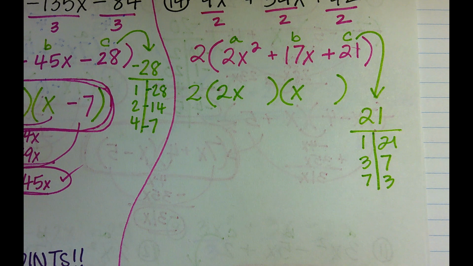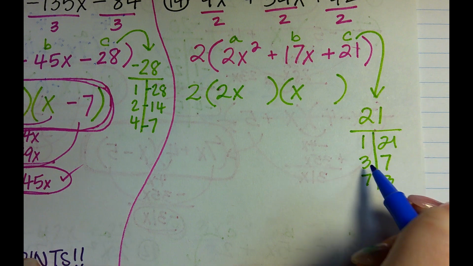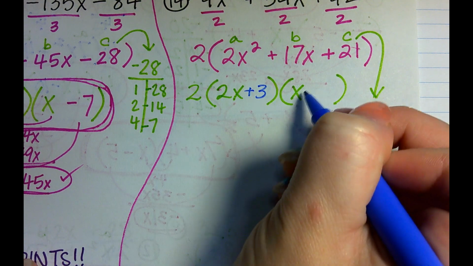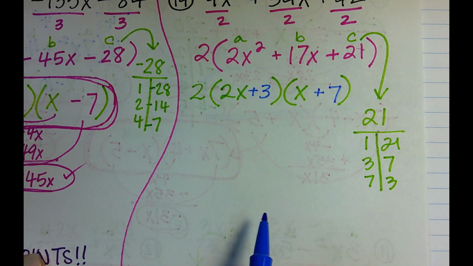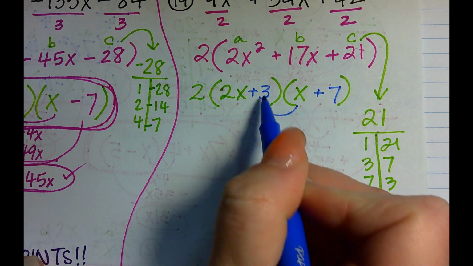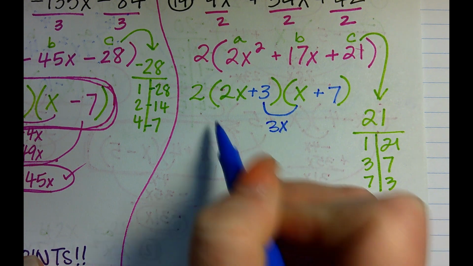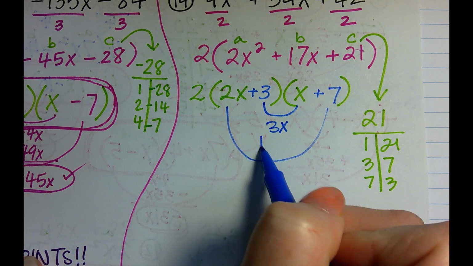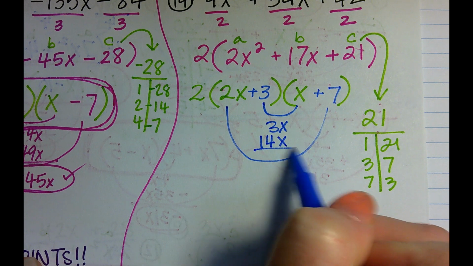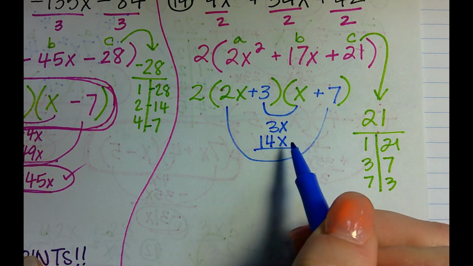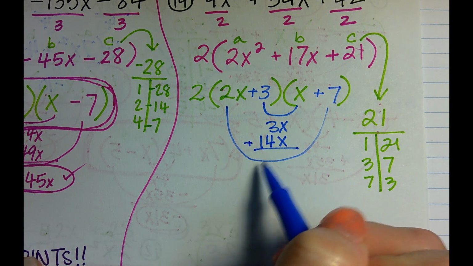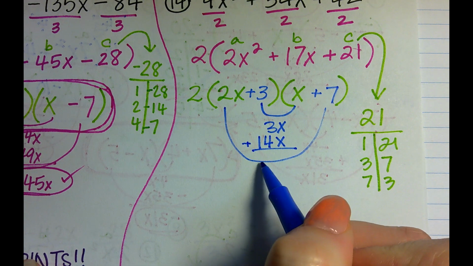3 and 7, let's see. So, plus 3 plus 7, 3x, and 7 times 2 is 14. 3x plus 14x is 17x.